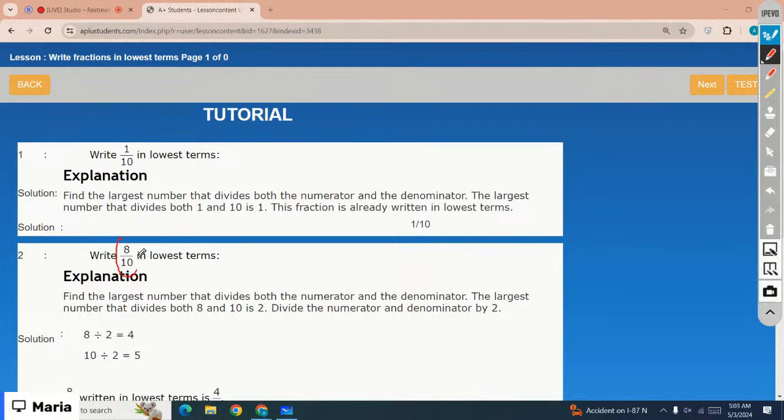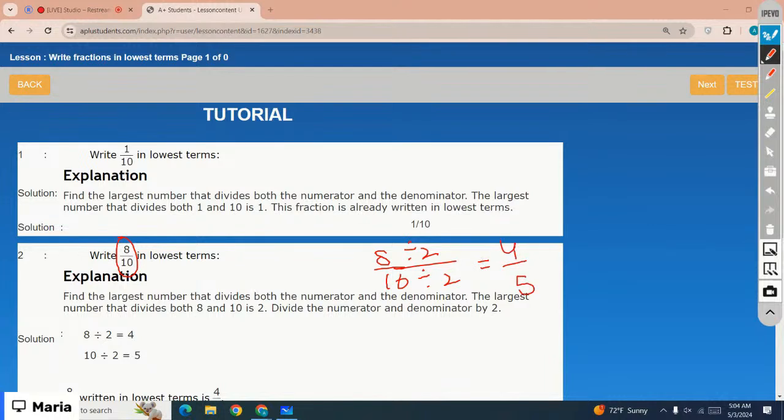Now look at the second one. Write 8 over 10 in lowest form. Think of the largest number that can divide both numerator and denominator. That would be 2. So let's divide them by 2. 8 divided by 2 is 4 and 10 divided by 2 is 5.